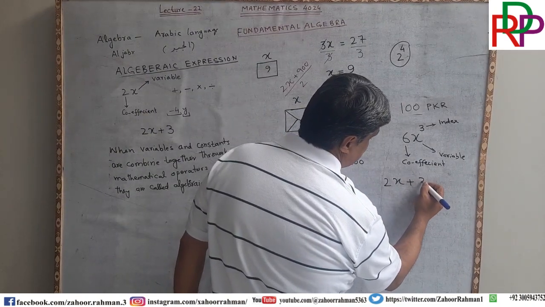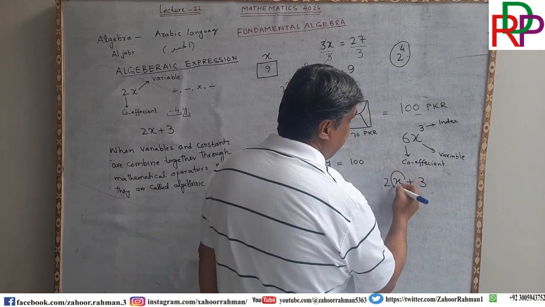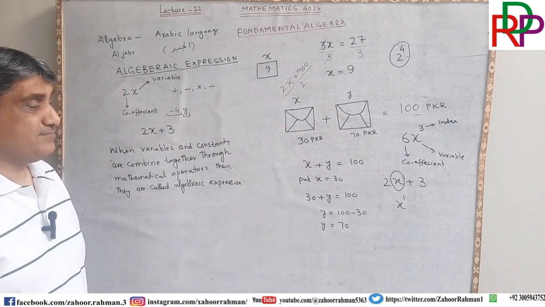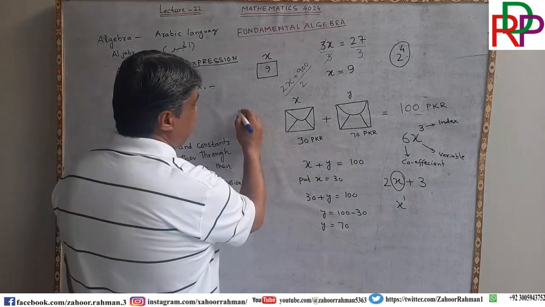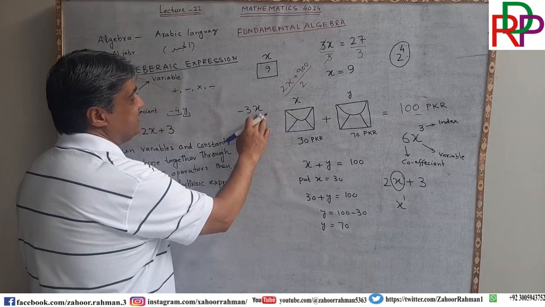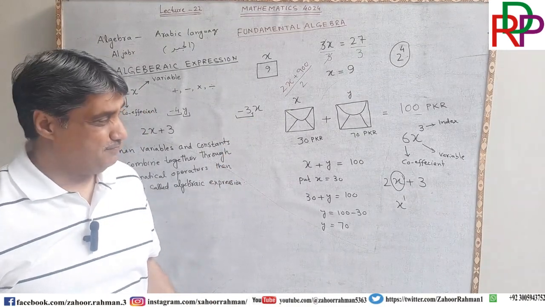So there are linear expressions. 2x plus 3. This is a linear expression because the index of x is 1, x raised to the power 1. Ladies and gentlemen, if I am writing minus 3x, so this x is a variable and the coefficient can be negative as well.